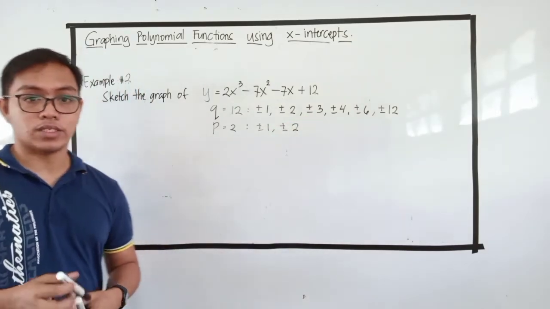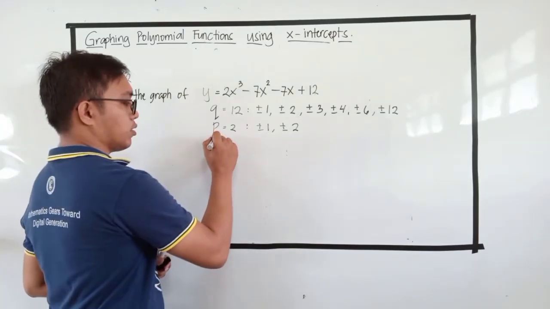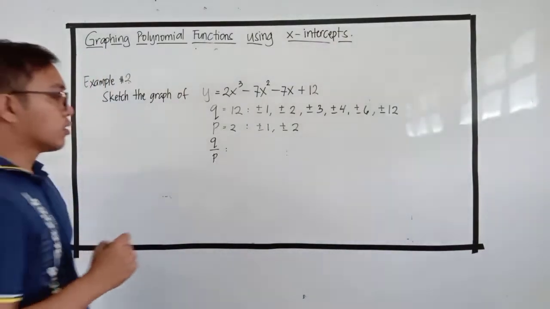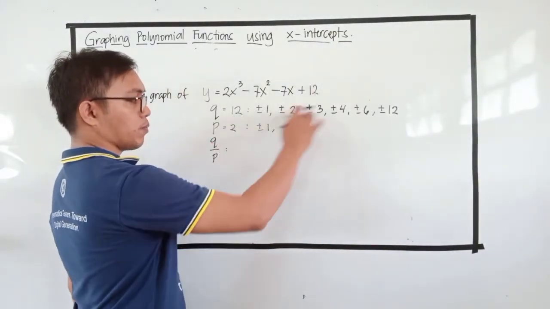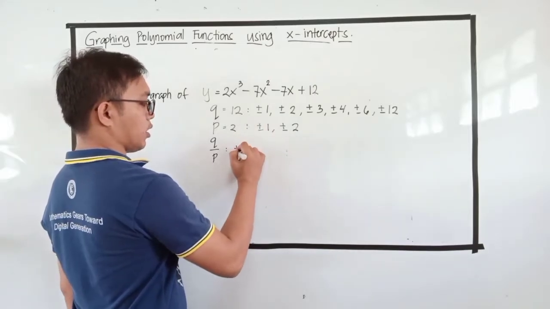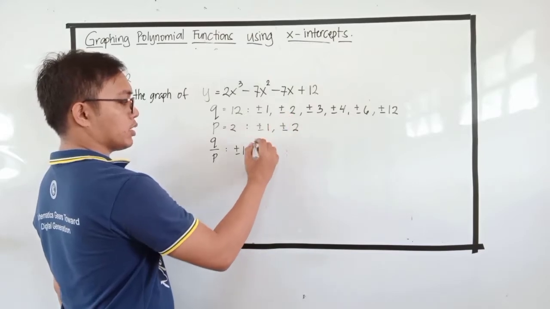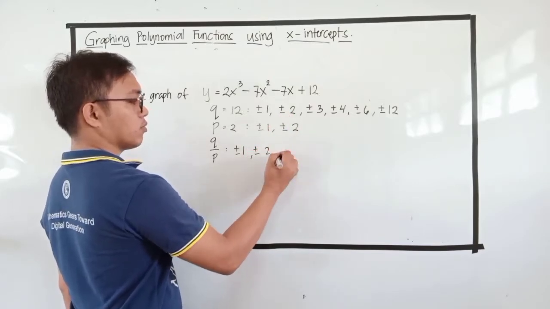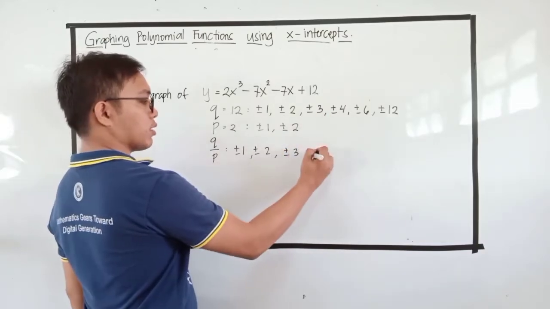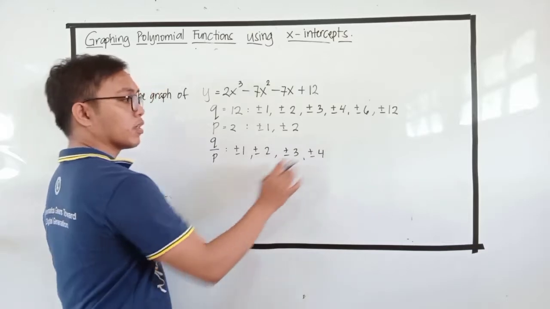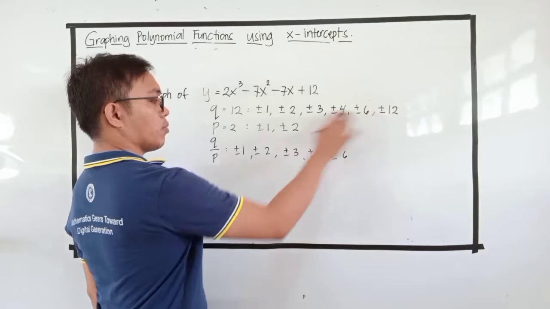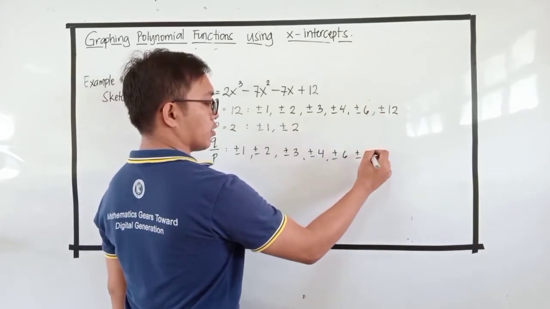And for us to complete this, we need to get the values of q over p. So 1 over 1 is positive negative 1. 2 over 1 is positive negative 2. 3 over 1 is positive negative 3. 4 over 1 is positive negative 4. 6 over 1 is positive negative 6. 12 over 1 is positive negative 12.